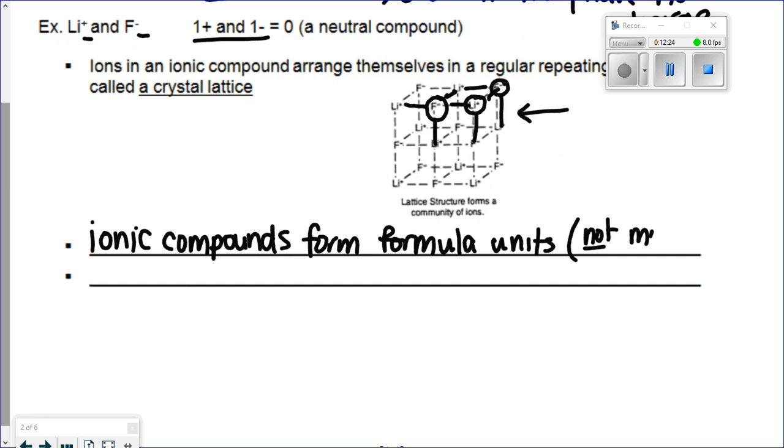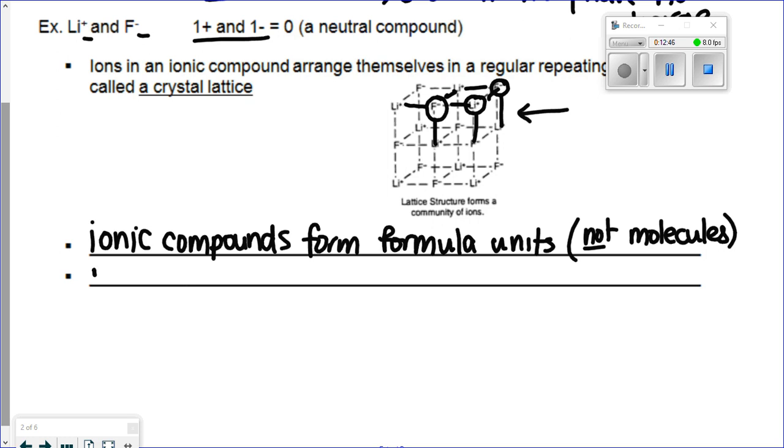Not molecules. So we just try not to use the word molecules when we're talking about ionic compounds, because that should be reserved for molecular compounds. I sometimes will trip up over that, but we should be calling them formula units. So that's a formula unit of lithium fluoride.